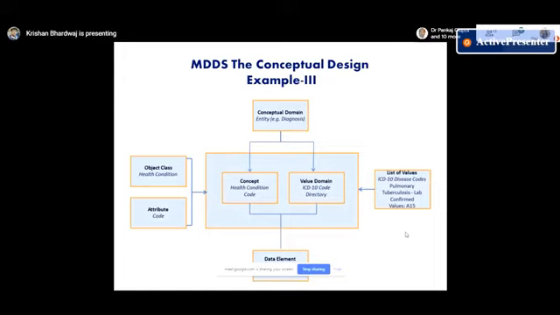So health condition code can be one property, description can be another property, short name can be another property, and so on. So if I say health condition is a class and code is a property, then health condition code is a concept, which is actually a combination of class plus property.